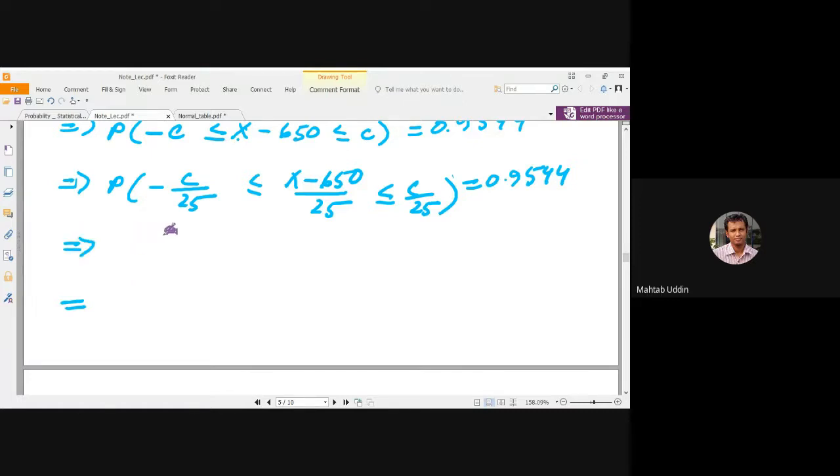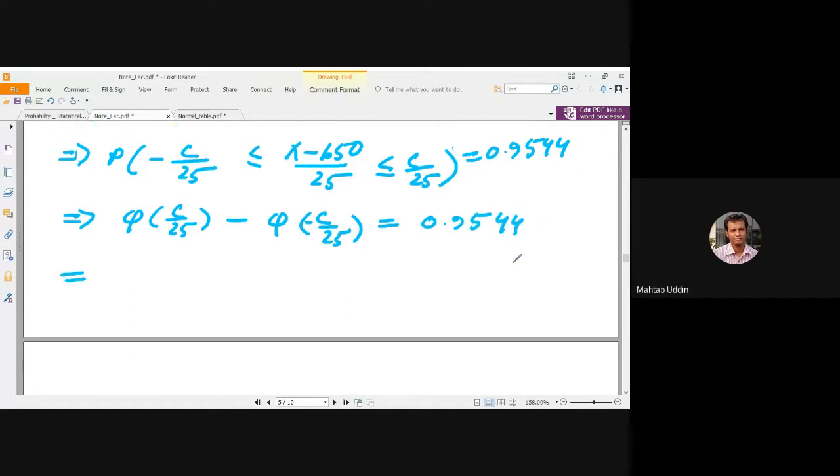So phi of c by 25 minus phi of minus c by 25 is equal to 0.9544. Then you can write 2 phi of c by 25, because phi of minus c equals 1 minus phi of c, so 1 will be added there: 1.9544.